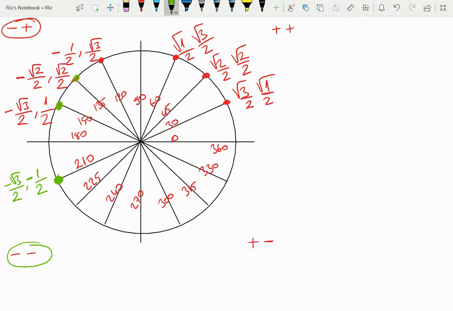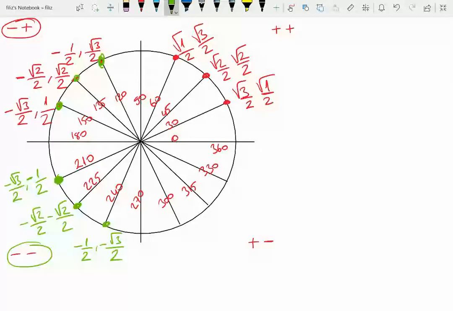Okay, and this one same. Both of them negative. And this top one, same, but signs different.